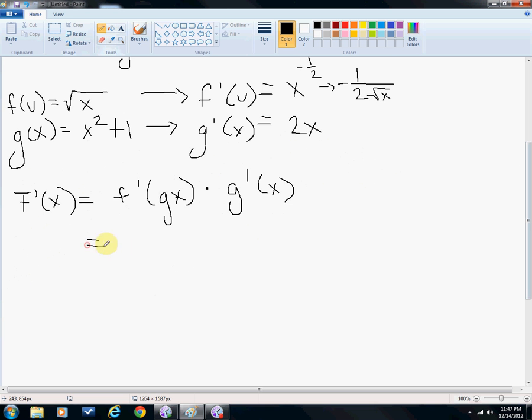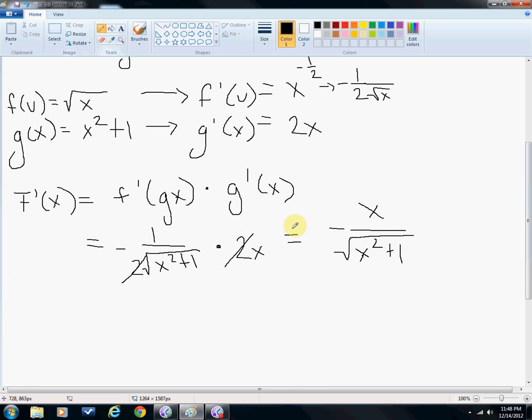And then you put the derivative of f of u, which is negative 1 over 2, and inside where x is, you put the original g of x, which is x squared plus 1. Now you multiply that by 2x, and here you cross out the 2's, you are left with x over the square root of x squared plus 1, and you leave it like that.